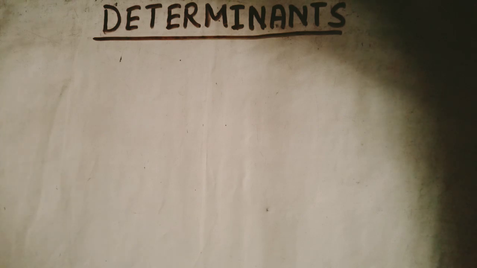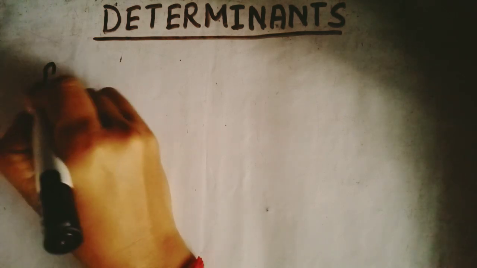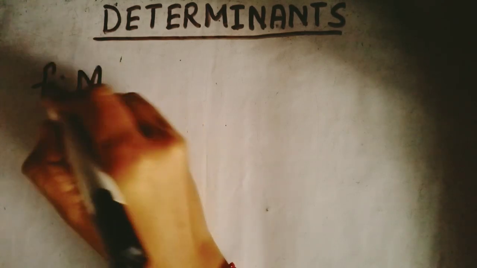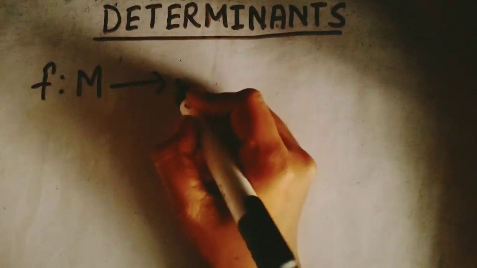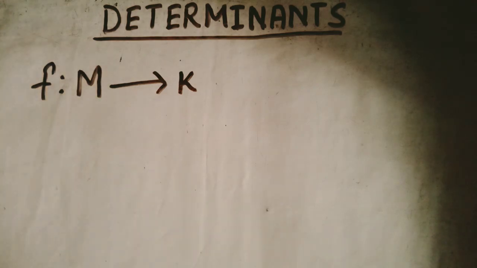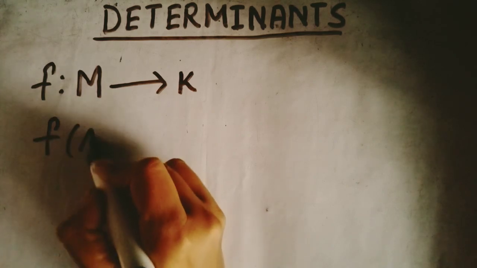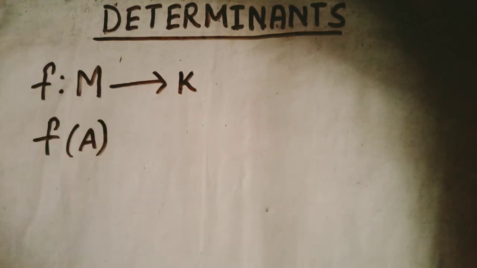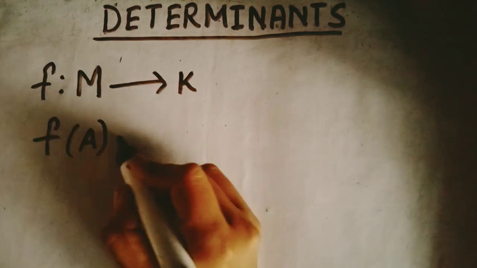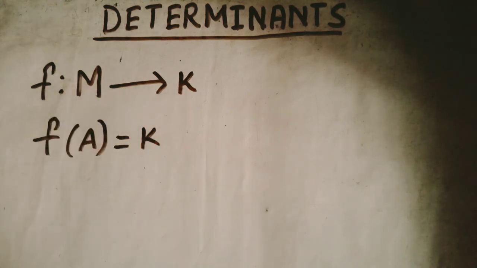So it is actually a function from the set of matrices to the set of real or complex values. Suppose A is a matrix from the set of matrices, f of A is equal to some k. That is the value. So this is your determinant. This is how it is defined.